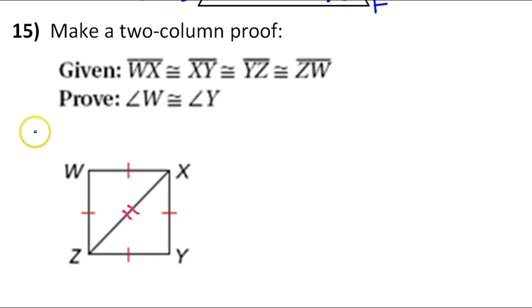Alright, so let's just write that all out, and it looks like it's going to take 5 steps, depending on if I wanted to say the given all at once.